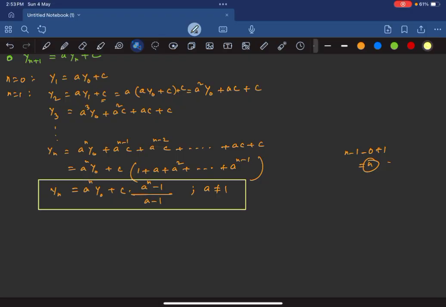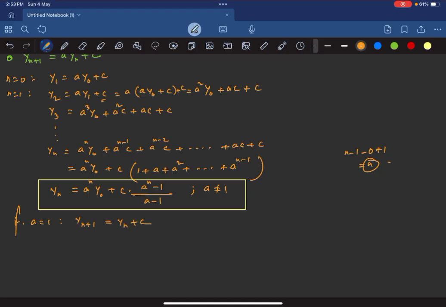Okay, so yn equals a^n y0 plus c times (a^n minus 1) by (a minus 1), provided a is not equal to 1. Now if a equals 1, then the main equation becomes y(n+1) equals yn plus c.